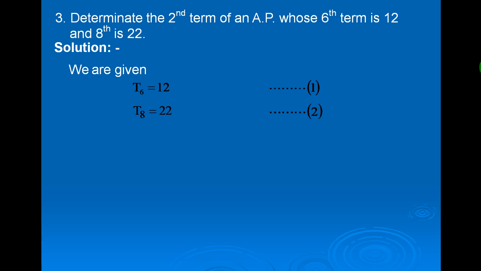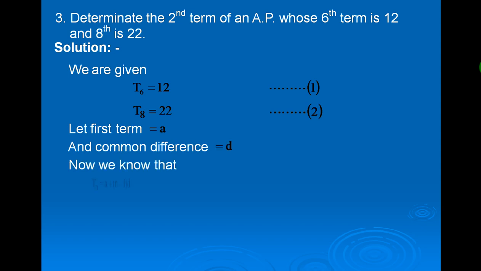Put this equation number 2. Let the first term be A and common difference be D. Now we know that Tn is equal to A plus (n minus 1) into D, nth term is equal to A plus (n minus 1) within the bracket into D.